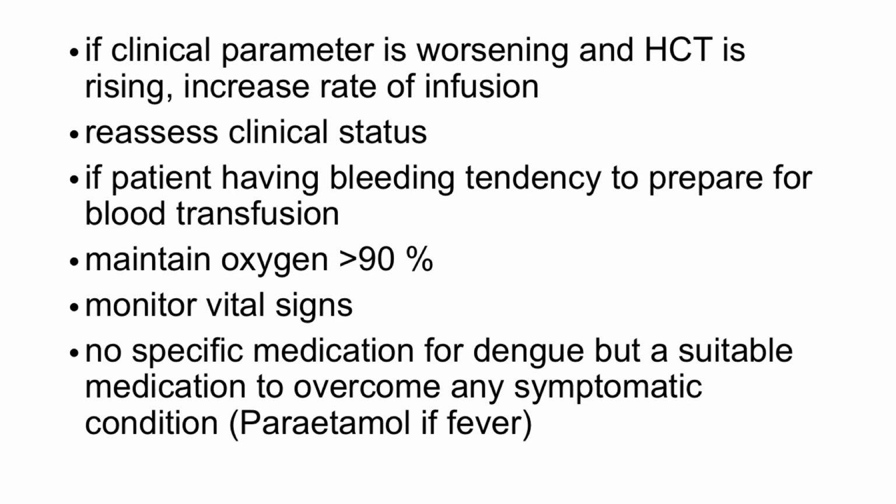Of course, monitor vital signs and give medication as required. For dengue fever, there is no specific medication, but we can still treat symptomatic conditions with medication such as paracetamol if the patient has a fever.